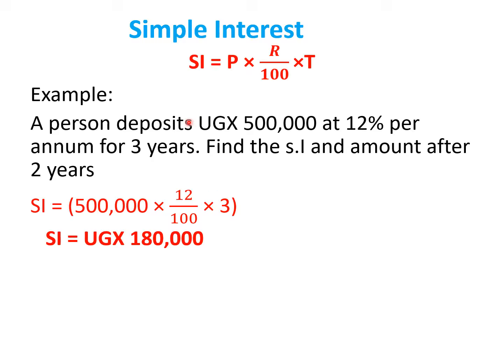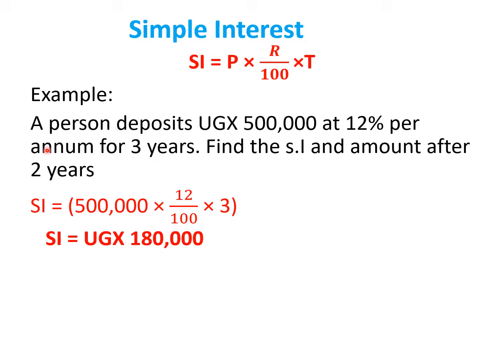Even here, I can say that a person deposits 500,000 at a simple interest rate of 12% per annum for 24 months.